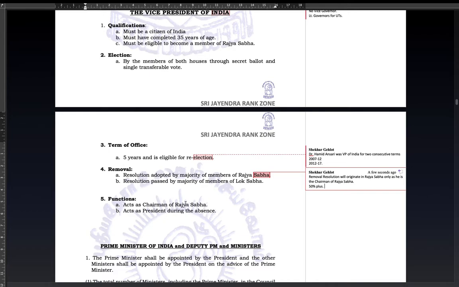His functions are, he acts as the chairman of the Rajya Sabha, just like the Speaker of the Lok Sabha. He is the chairman, or we can say unofficially the Speaker of the Rajya Sabha as well, and he acts as the president during the president's absence.